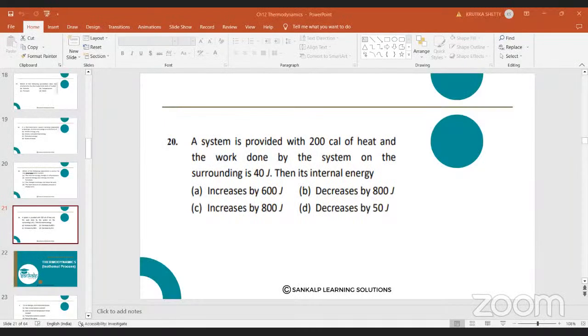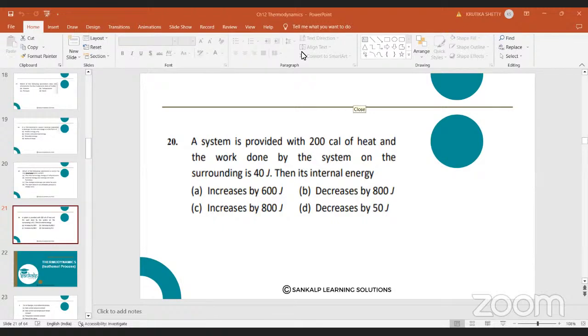The heat is 200 and the work done is 40. But see here, the heat is given in calories, so you need to convert it into joules.